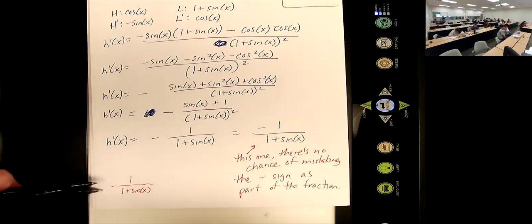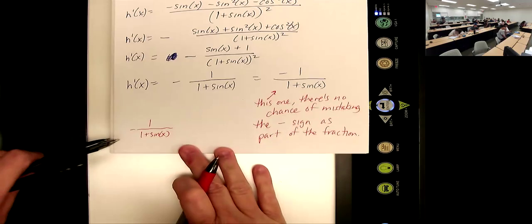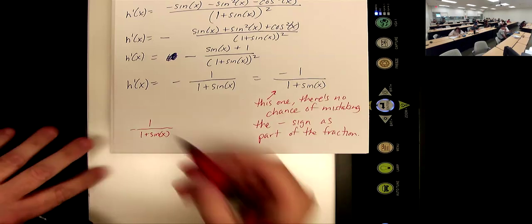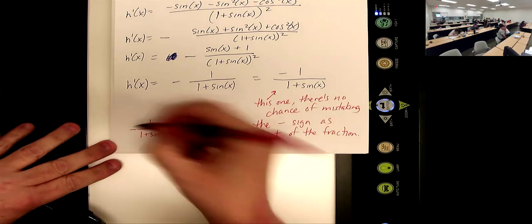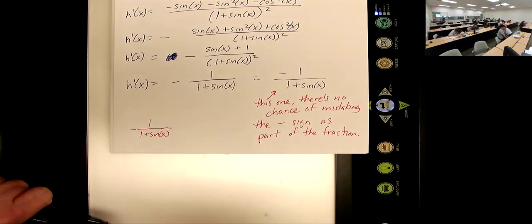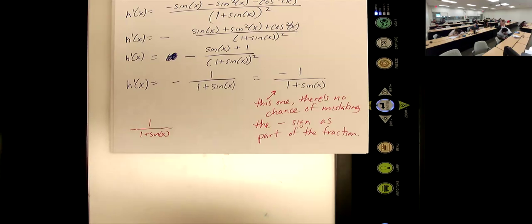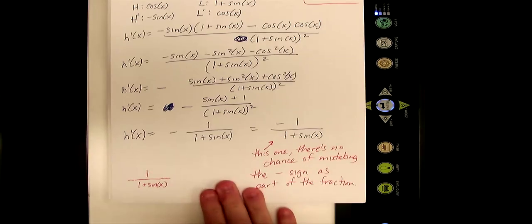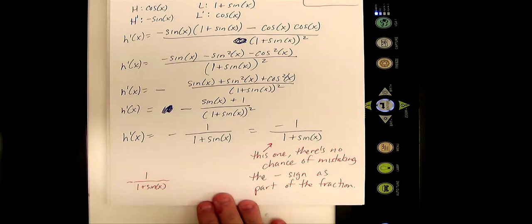But if you write it like this, it can be easy to go, is that one fraction? Or you might have meant to do it separately, but you end up getting it so close that it looks like it's part of the fraction bar, and then it doesn't look negative. But if you have the negative on top, that doesn't happen. Can you go a little bit up? That's fine, thank you.